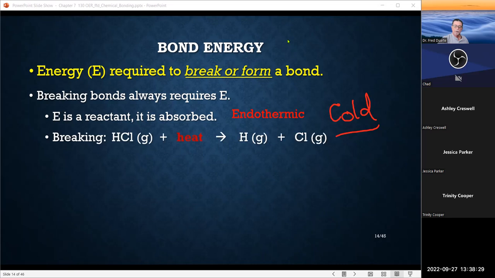So the way we describe that as a chemical process is we have HCl, for example, hydrochloric acid, in this case, hydrogen chloride, plus heat, because heat is a reactant, and we break it up into the atoms themselves, okay?